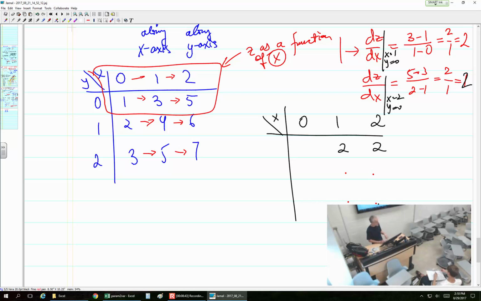So rates of change, not only in the direction that we picked for the time being, equal to x, so we're going horizontally, but also each location might hypothetically produce a different number. It just happens that it does not, because as you can see from 2 to 4, once again, the change of z is 2 divided by 1. I will be getting 2's all over the place.